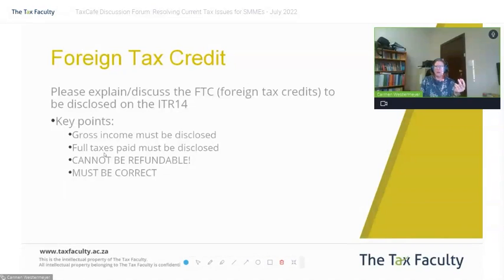Now, in and of itself, the fact that the UK withheld dividends tax would make it a foreign tax payable. I would be disclosing the foreign dividend in my income tax return, so in theory, I'd want to claim the foreign tax credit. The problem is that 30% is not actually the correct amount of tax.